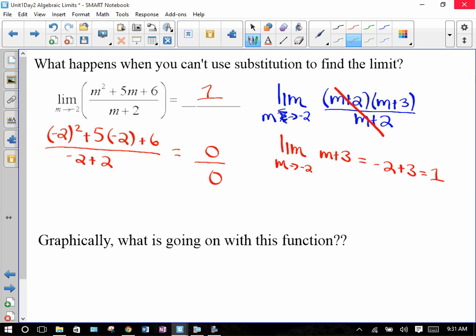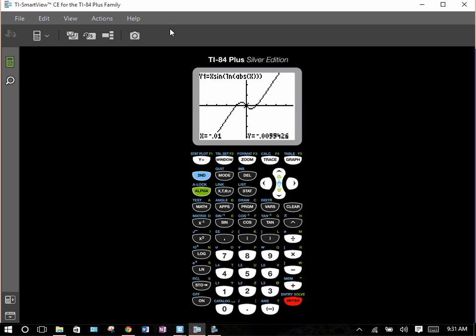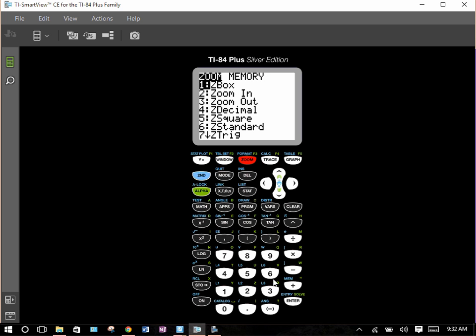If we go here and look at the graph, we're just going to replace n with x: x squared plus 5x plus 6, divided by x plus 2, and graph this here.